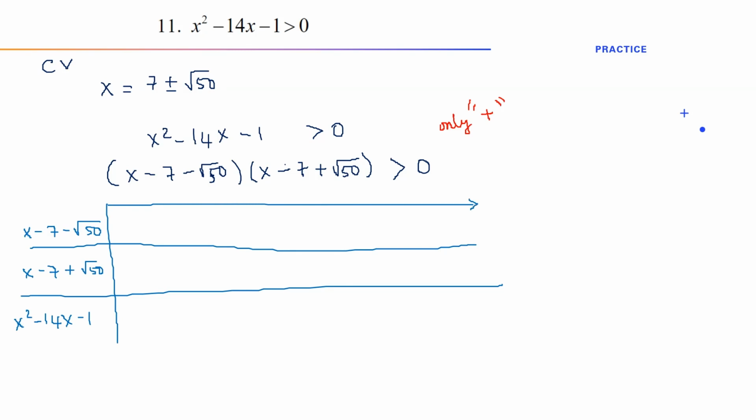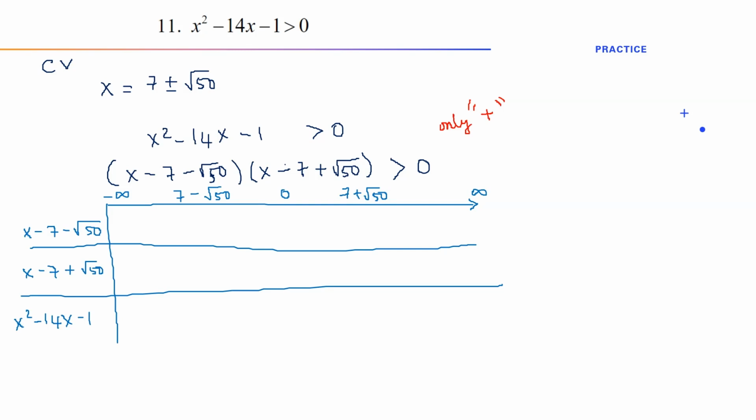The number line goes from negative infinity to infinity, and we have 7 minus square root of 50 and 7 plus square root of 50 on this side, and 0 will be here, my test point.